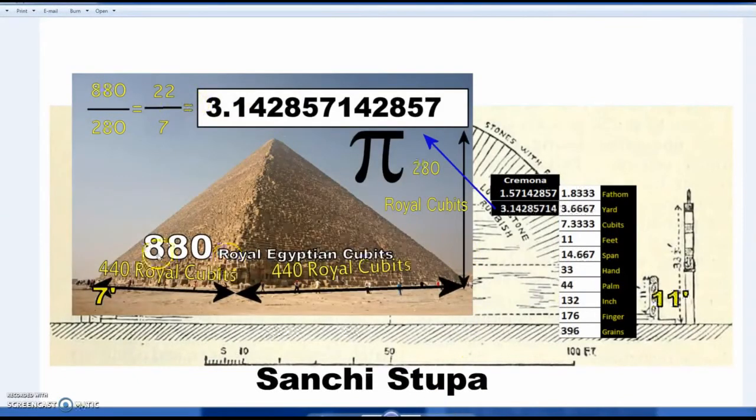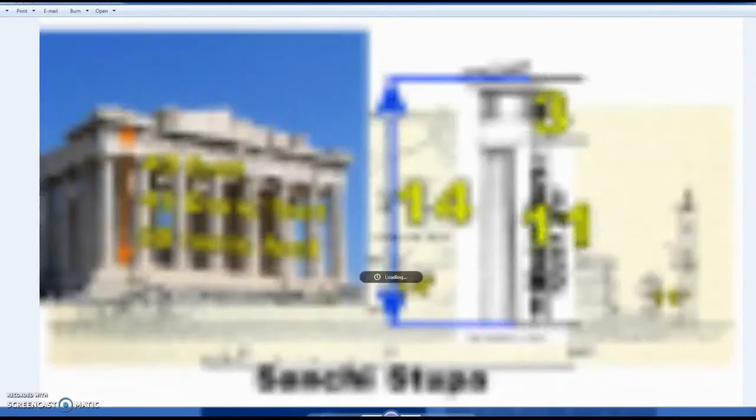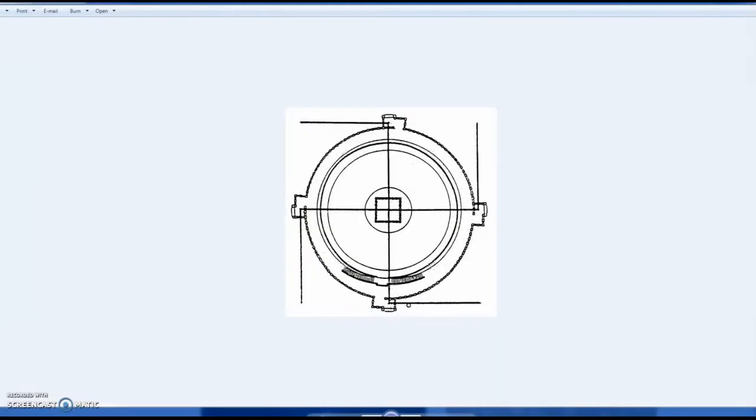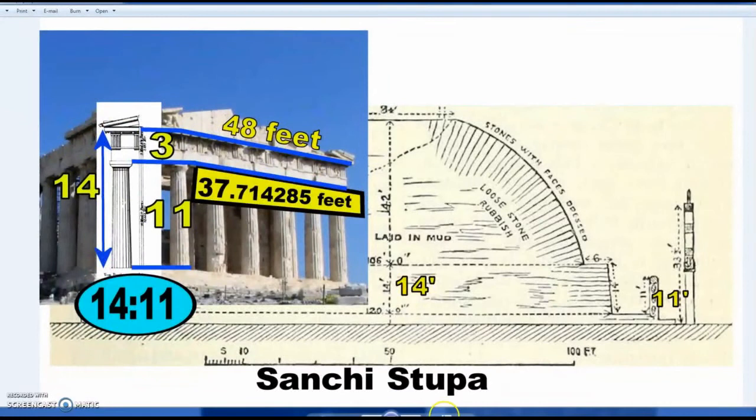And both 1 and 2D is reflected in that, and so is the 37.714 feet, and that's pretty much.